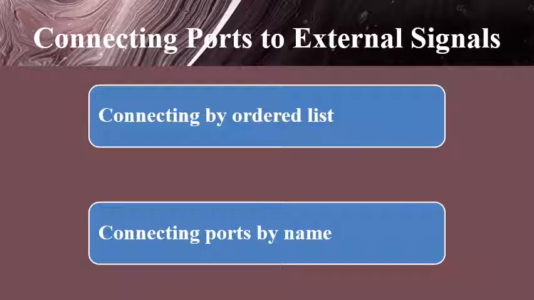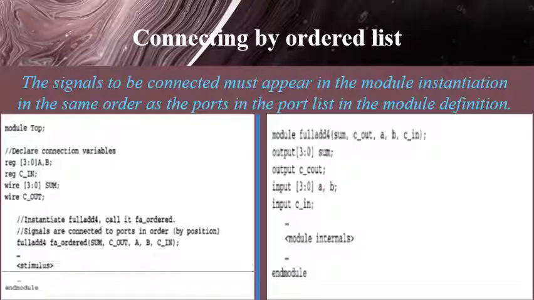There are two ways in which you can connect the ports to external signals. One is connecting by ordered list and the other one is connecting ports by name. We'll look into each of these one by one. First one is connecting by ordered list.